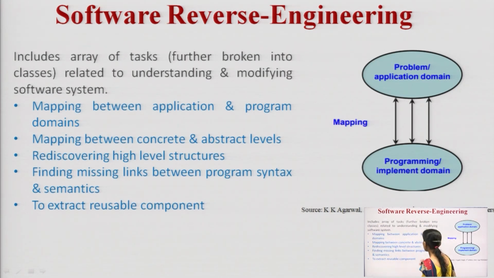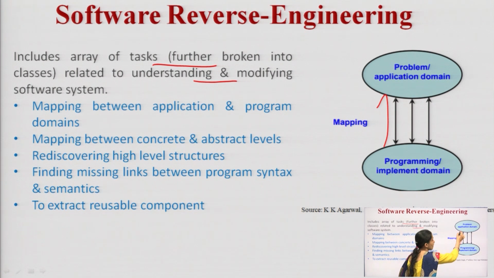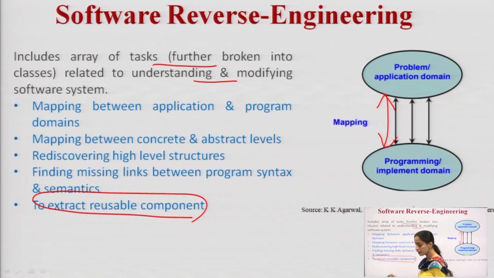So, this reverse engineering includes an array of tasks related to understanding and modifying the software system. For this we require the mapping between application and program domains. Here we can see we require the mapping. Then there is a mapping between concrete and abstract levels, and to extract the reusable components is the main aim.